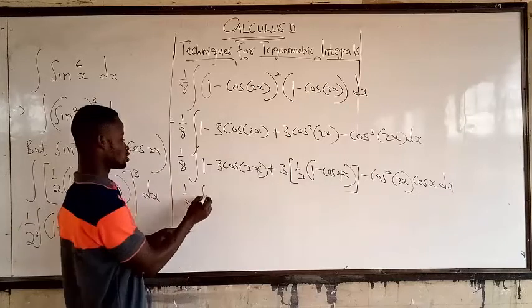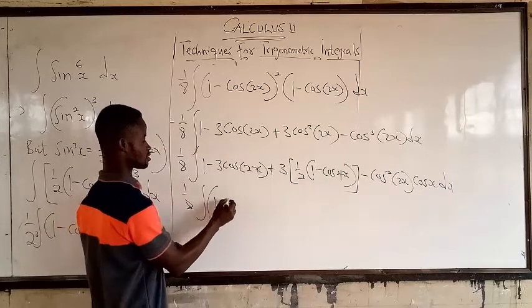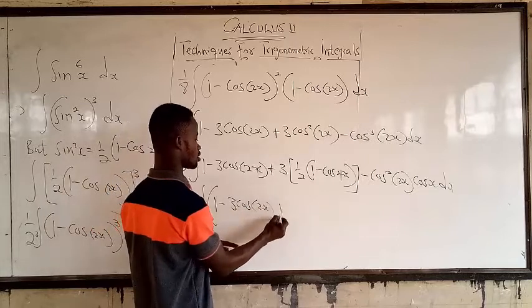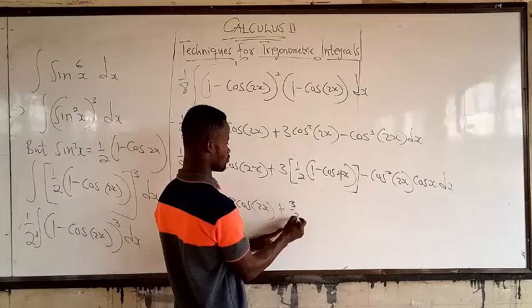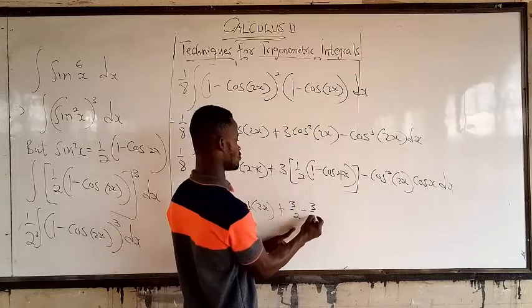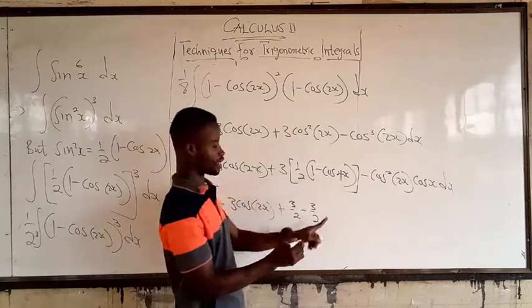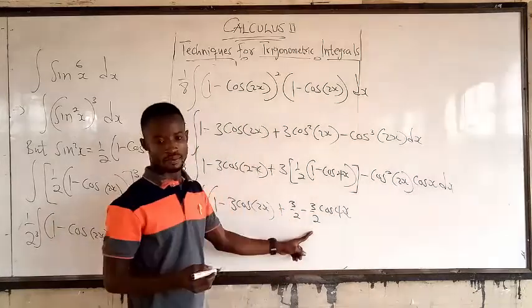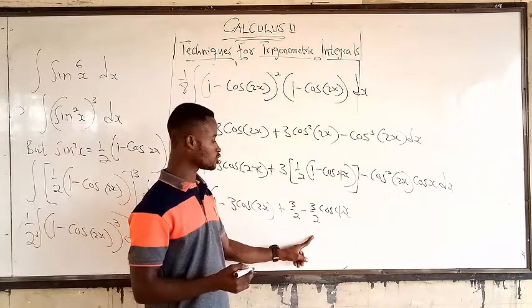So we are going to integrate 1 minus 3 cos 2x, plus 3/2 times this, minus 3/2 cos 4x, I hope you can see where we are getting to.